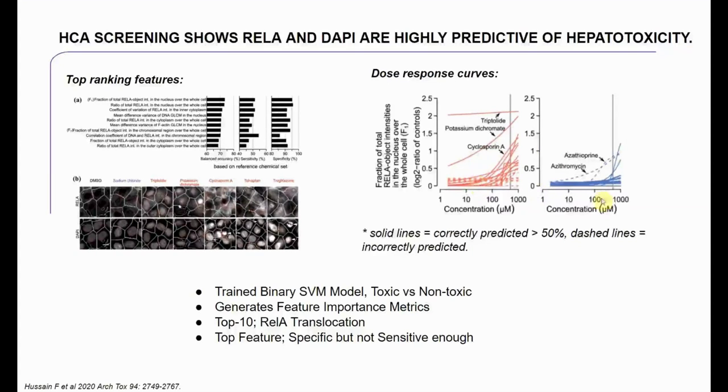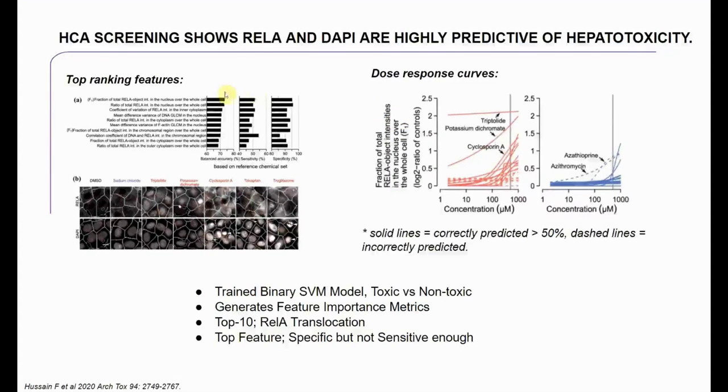If you go back to our definitions again, it's very specific in that all of the compounds over here that it's calling as toxic are indeed toxic. Okay. But it's not very sensitive in that you can see that it's actually missing quite a few compounds over here. Here with the negatives, you can see that nearly everything is called negative. It is picking up a few negative compounds as being positive.